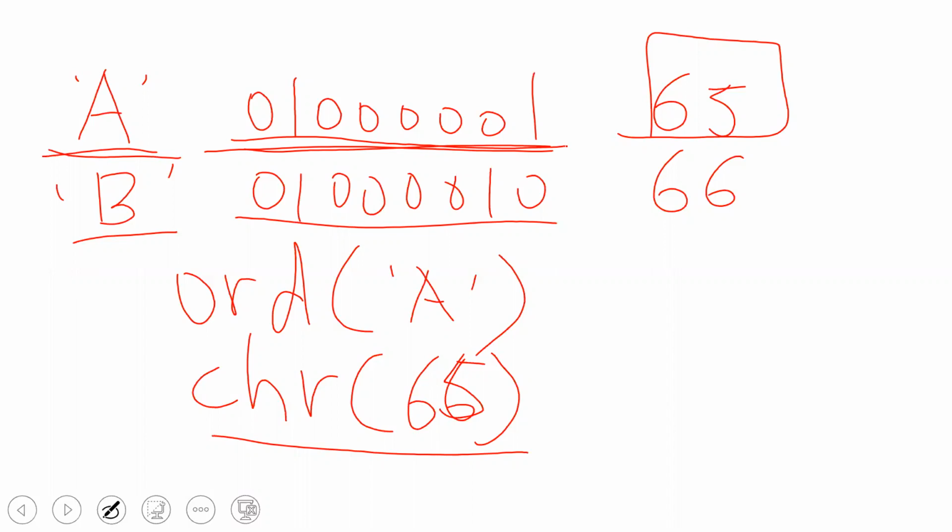ASCII is American Standard Code for Information Interchange. So ASCII uses 8 bits, which is 1 byte, to represent a character. You can combine these 8 zeros and ones and you will have 256 different combinations.